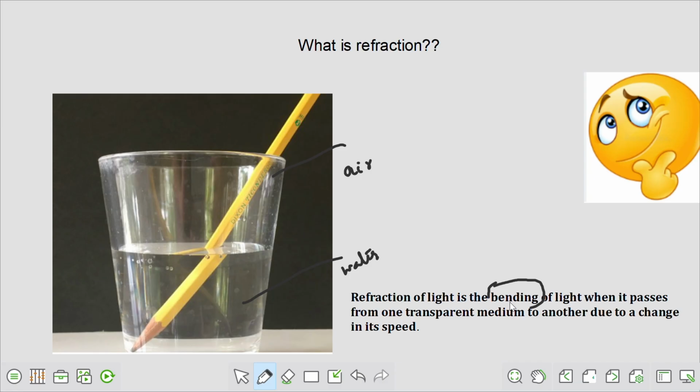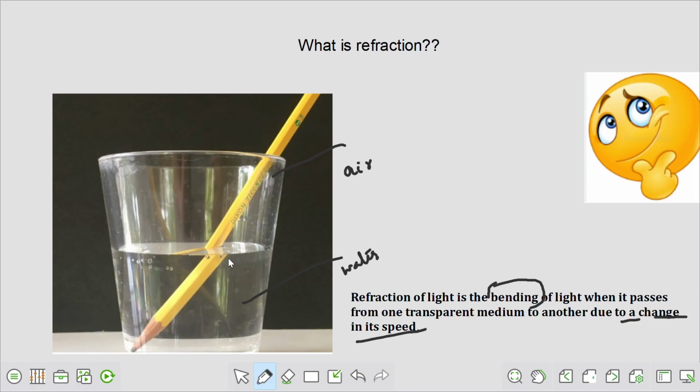So it is due to the change in speed of light. Why does the speed of light change? Because the behavior of light changes when it interacts with individual particles in a medium. So due to the change in speed of light, the light bends.